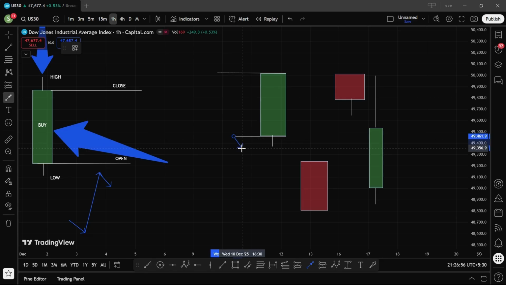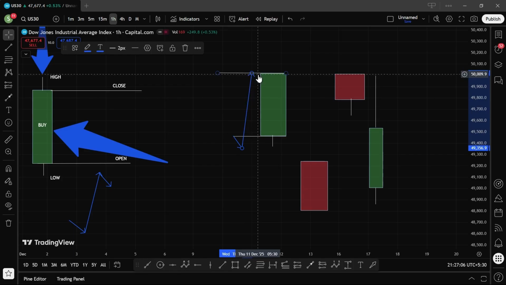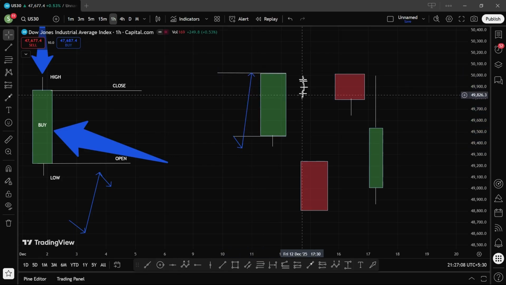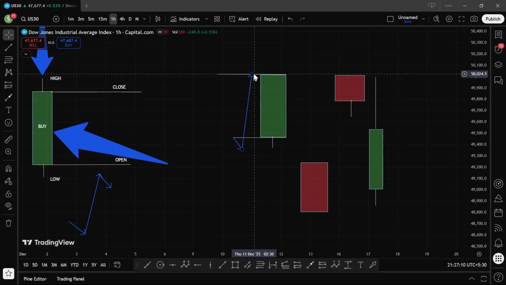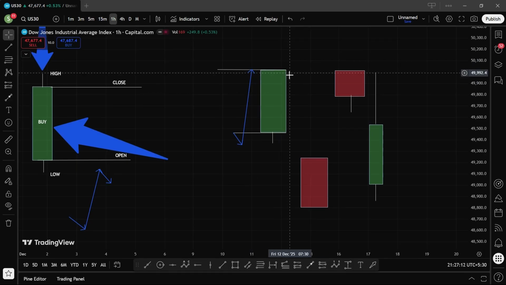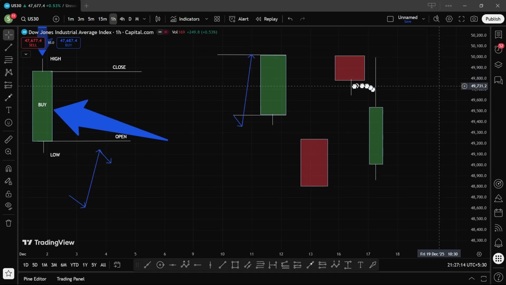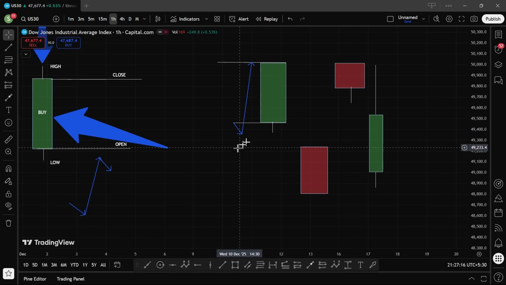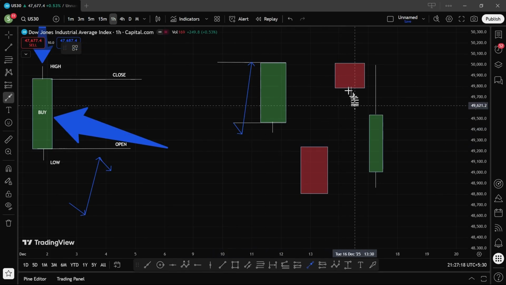Price didn't go up, it made a low first, then it went on to make a high and stayed there. Mind that the high wasn't made, and that's why there's no wick, because the price stayed there. The price closed there, so the price action for this is supposed to be like this.